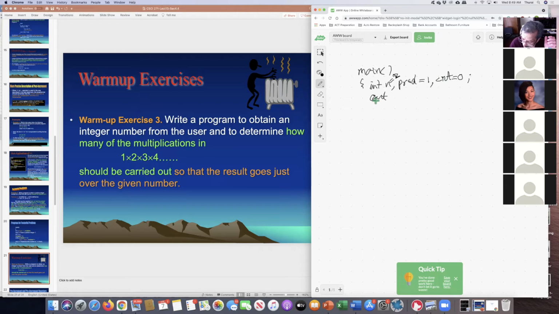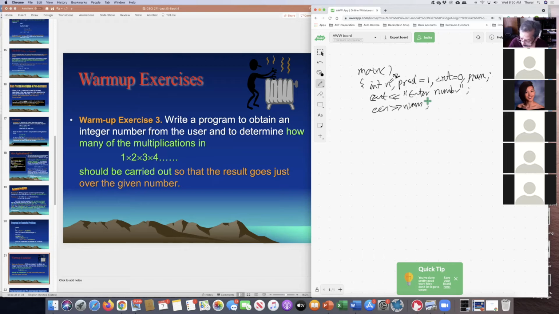So cout, enter number. And I need a different variable for that because my n is multiplier. I'll call it num, declare it as num, and cin num.